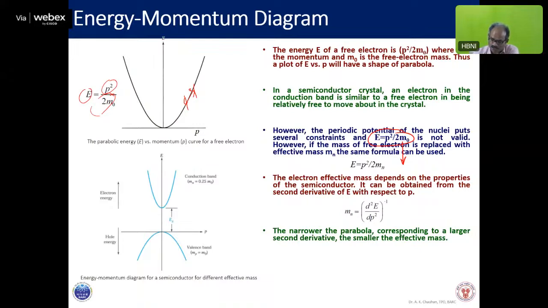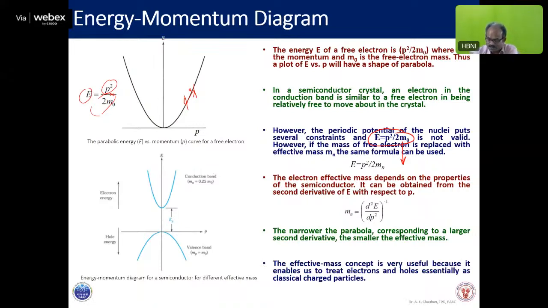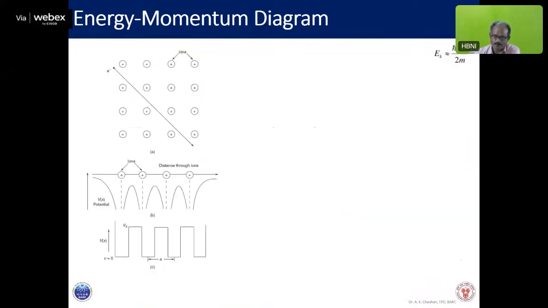So if this parabola is very narrow, then the effective mass is smaller. If the effective mass is large, that means electrons are not moving. If the effective mass is infinite, then the electron cannot move at all. If the effective mass is very small, then it can move.